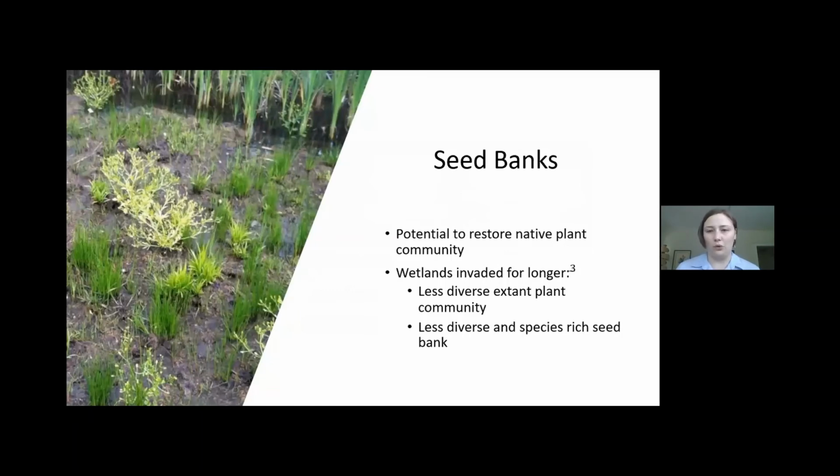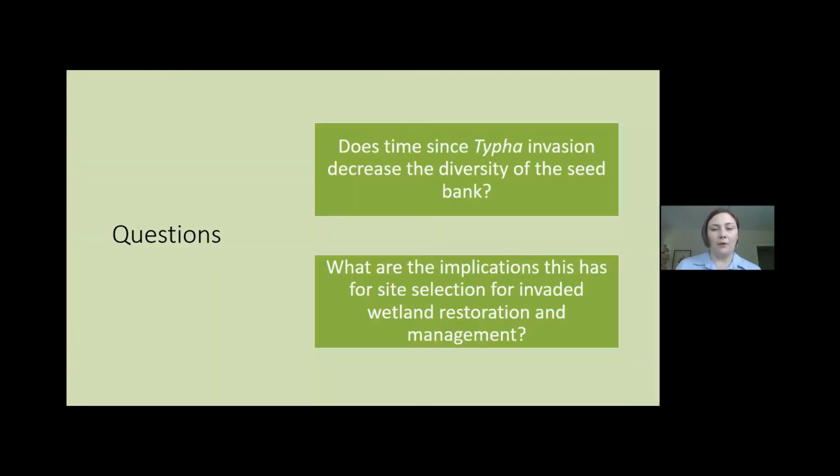The seed bank holds the potential to restore the native plant community in a more passive way than replanting. We would assume that if the extant plant community is diverse, then the seed bank is also going to be more diverse. We hypothesized that the longer the Typha has been present, the less diverse the plant community will be, the less diverse the seed bank will be, and the less likely it will be to recover naturally after removal of the invasive species.